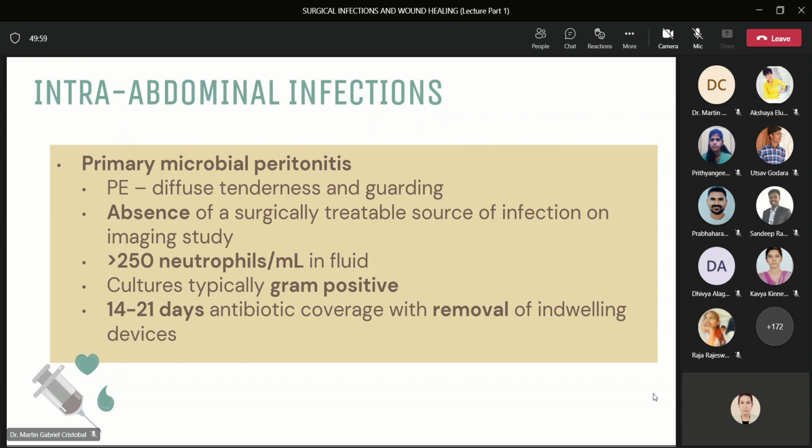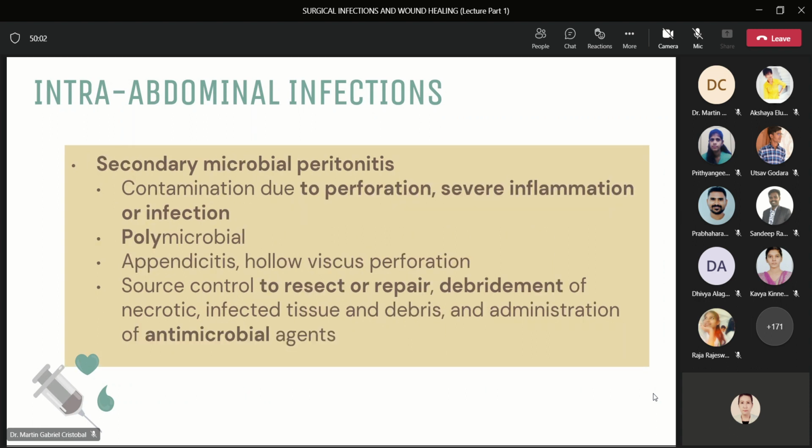Next is secondary microbial peritonitis. This is contamination of the peritoneal cavity due to perforation or severe inflammation and infection. These are usually polymicrobial. An example of which is appendicitis or perforated viscus. Management includes source control to resect or repair the diseased organ, debridement of necrotic or infected tissue and debris, and administration of antimicrobial agents directed against aerobes and anaerobes.